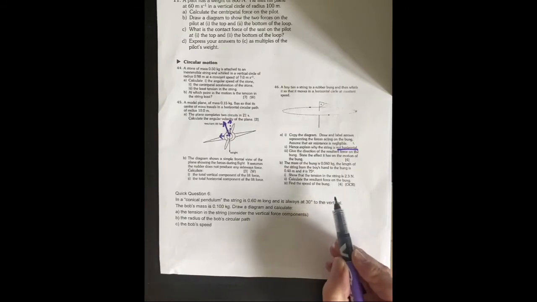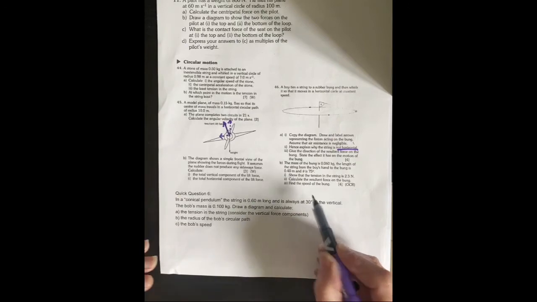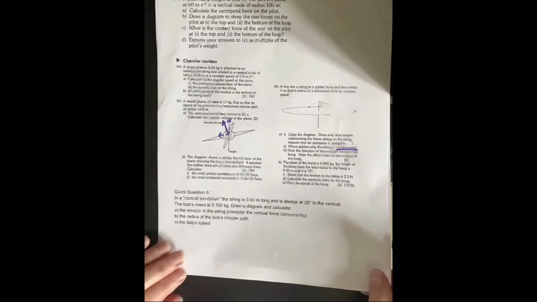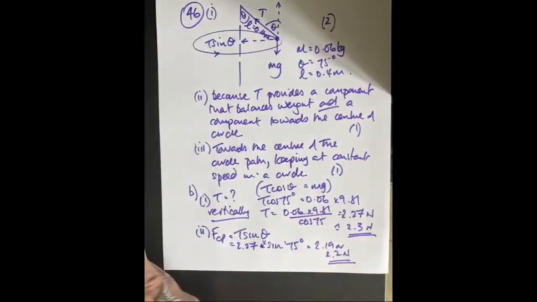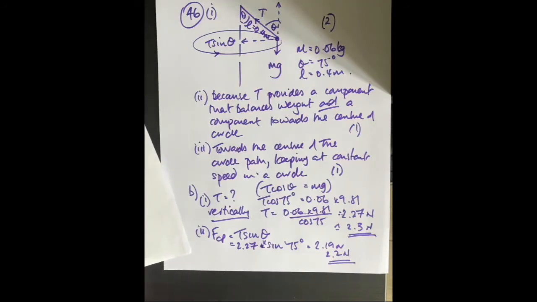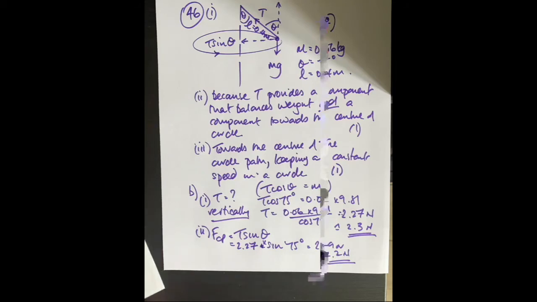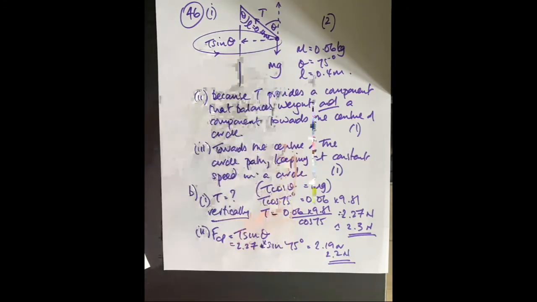And then last off, find the speed of the bung. Unless it says angular velocity, this is asking you for the linear speed, v, right? And v can be calculated, well, what do we know? We know the centripetal force, we know m, we know r, so we can find v.